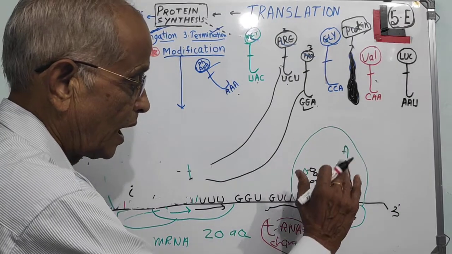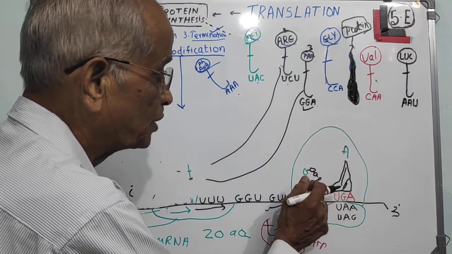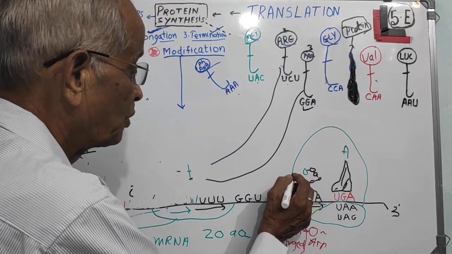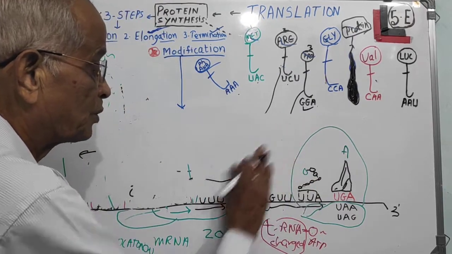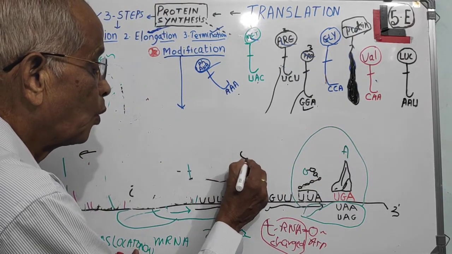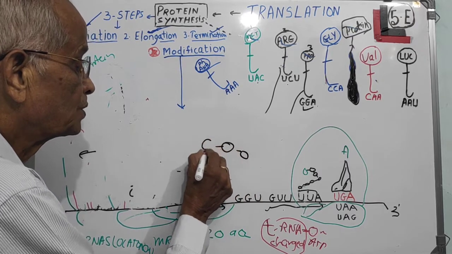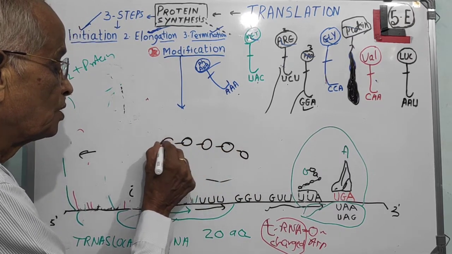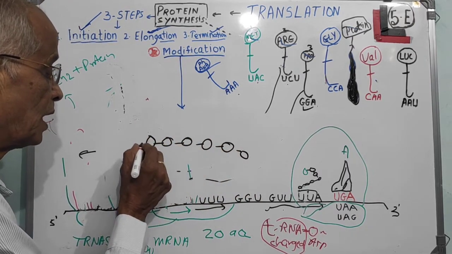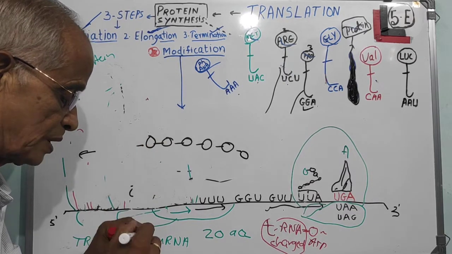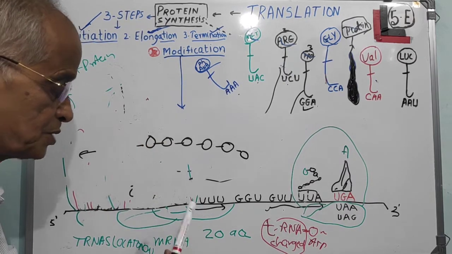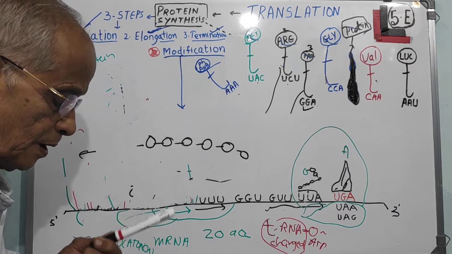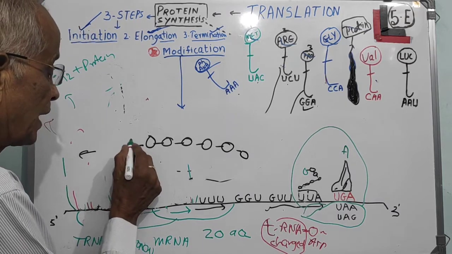It closes. As it happens, now this particular chain that we have already taken, containing 1, 2, 3, 4, 5, 6, and the first one, as I told you earlier, the initiator one will be there, and that is the methionine.